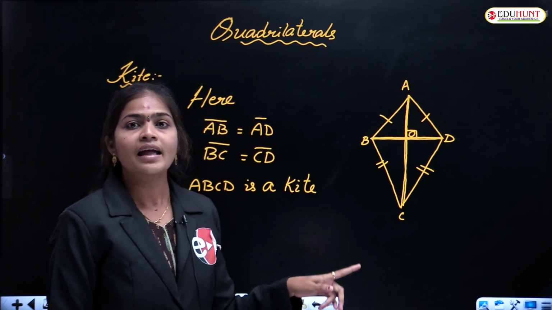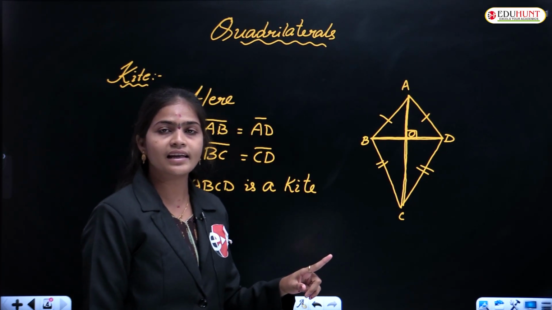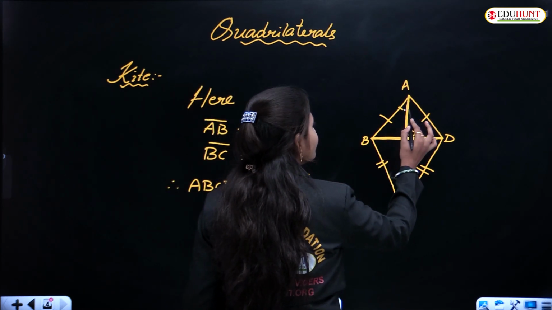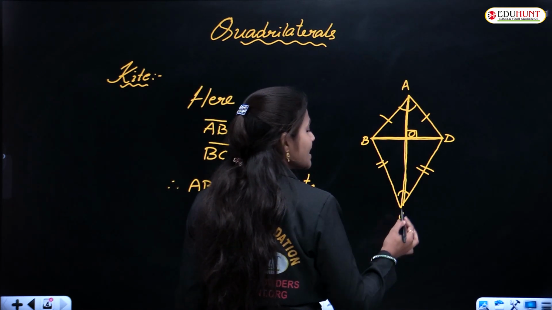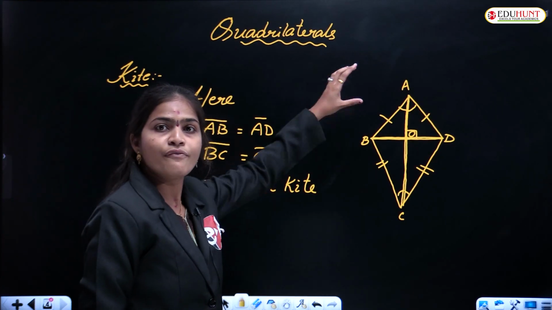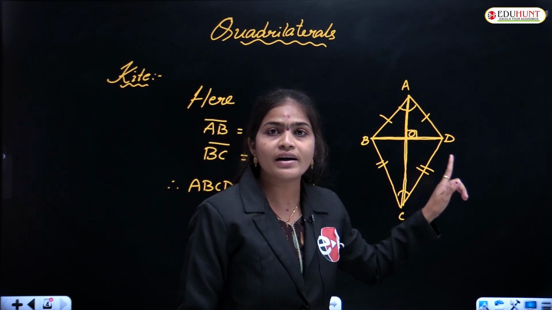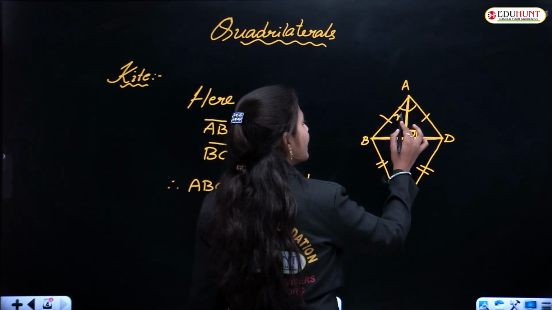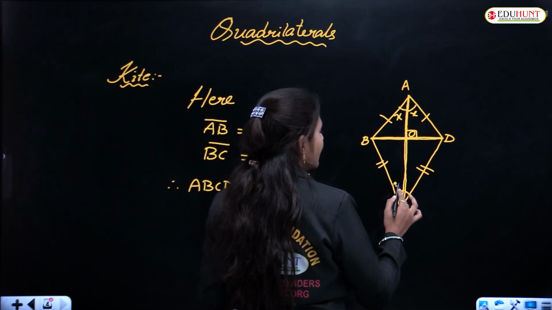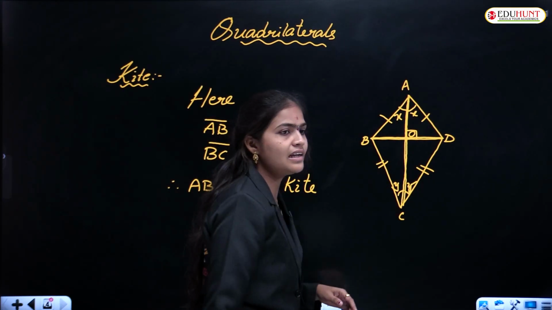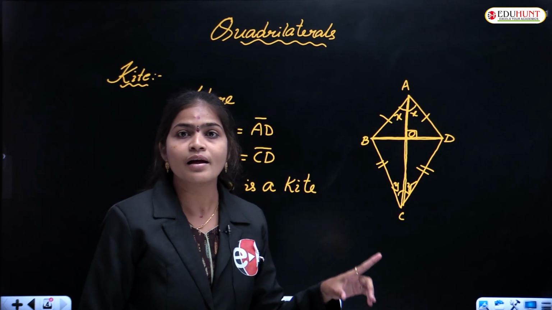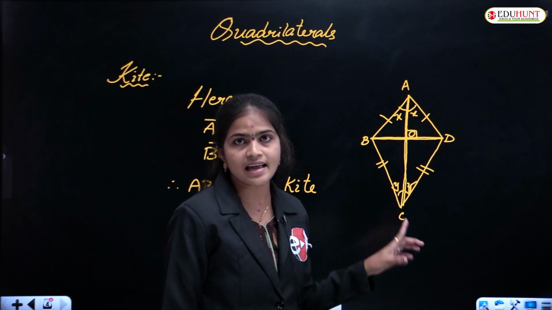And in the same way, at least one diagonal bisects its vertex angle. Bisects at the vertex angle means the vertex angle is divided into two equal angles, which means here x and here also x, here y and here also y.